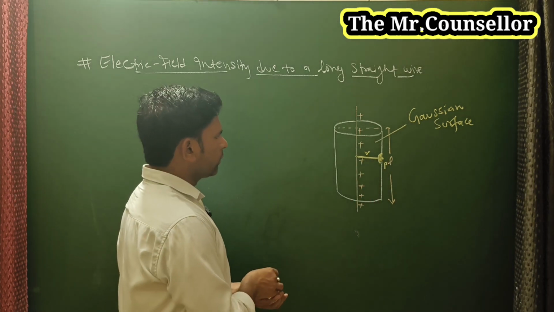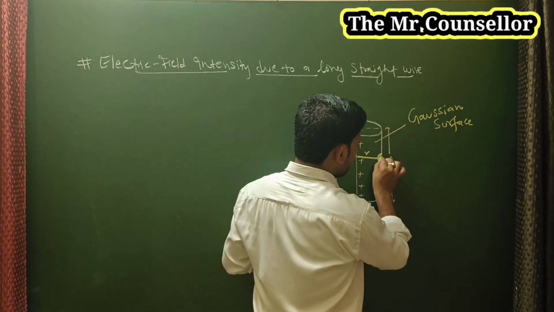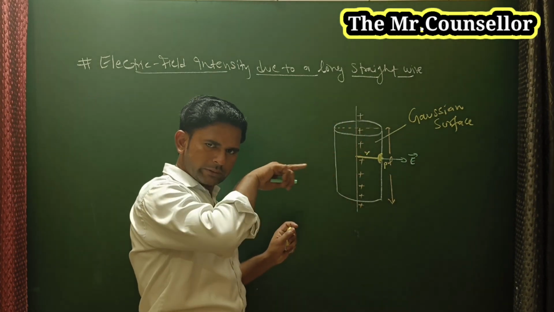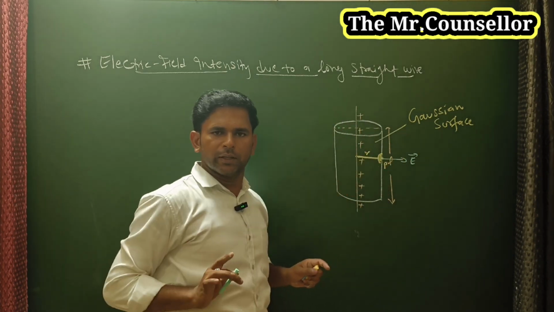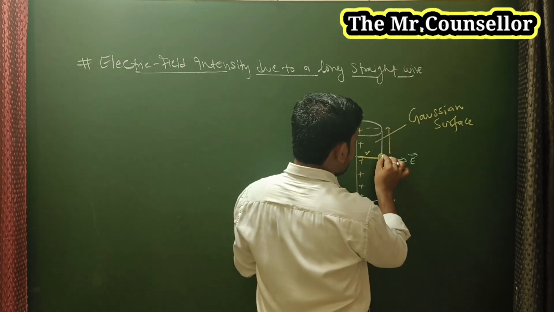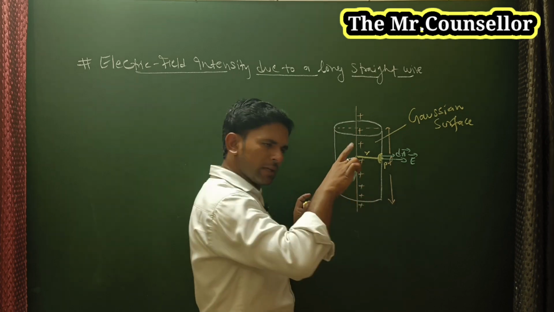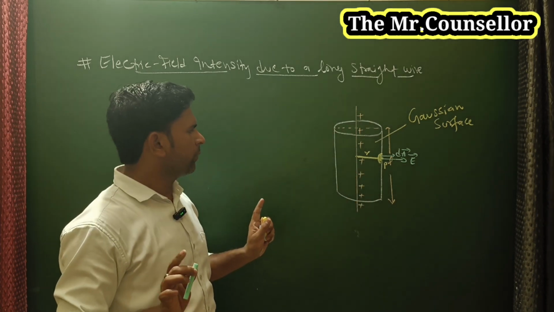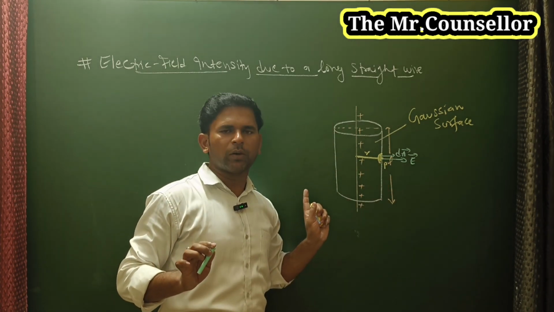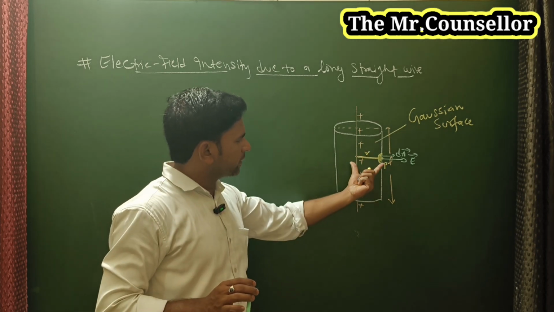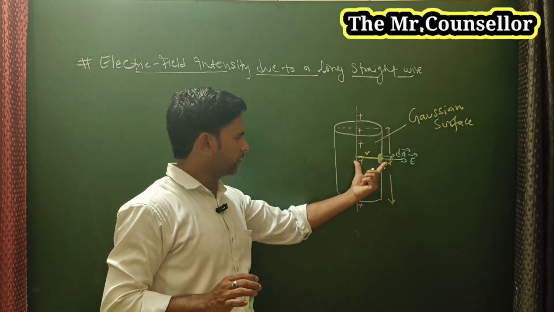According to this diagram, you take the electric field along this direction, and this area also in the same direction. Is it okay or not? You can also mention the unit normal vector, no problem. So first you can consider this condition.